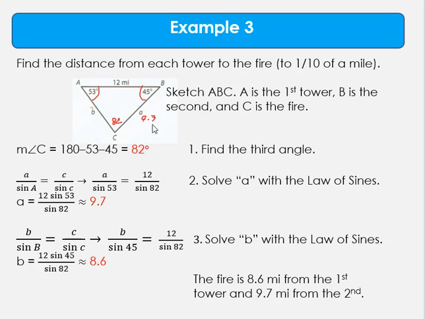If we multiply across, we have 12 times sine 45 divided by sine 82, which is 8.6. So we have now solved all three angles and all three sides.